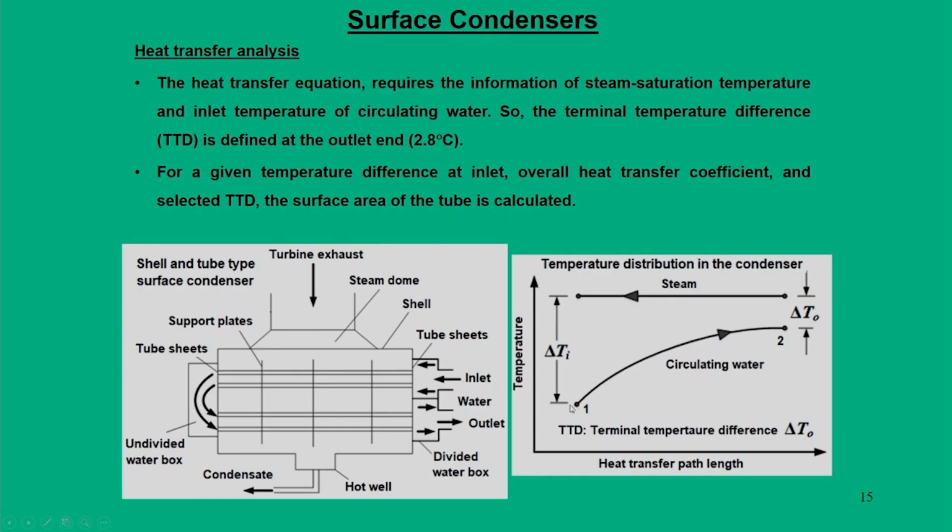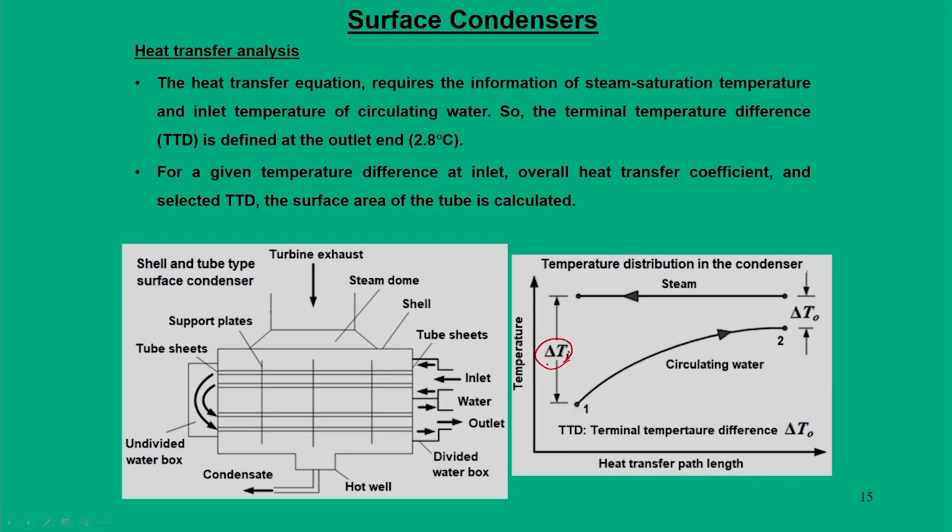So, if you have inlet temperature T1, when the heat is taken away, its temperature at state 2 increases. Thermodynamically, or through heat transfer, if you take the temperature versus heat transfer path length, either in terms of area or length, then we have two temperature differences. One is delta Ti at the inlet.